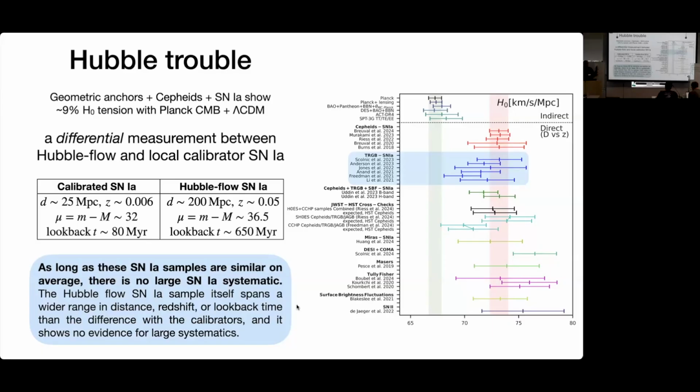These are all nearby supernovae. Right, we can get a ton of data on both of these sides. So unless these are very different, or the universe has changed, the population of Type 1a supernovae has changed over just a few 100 million years, you can correct for any imbalances between these two samples. And as long as those two samples are the same, then you don't have any lever arm for some systematic error to affect this result.